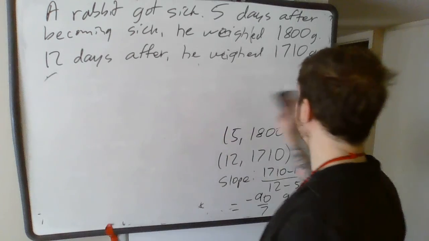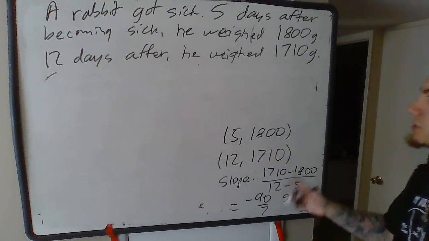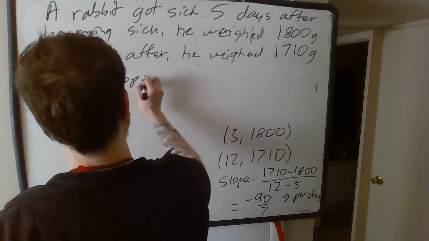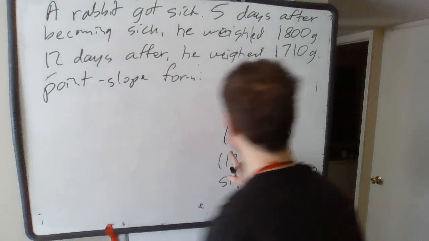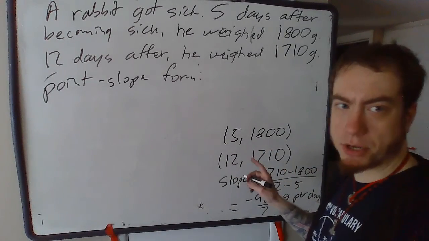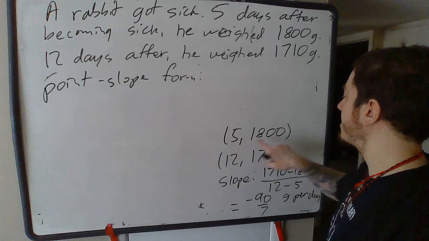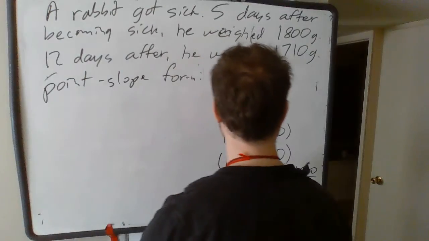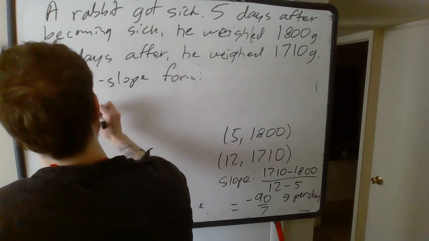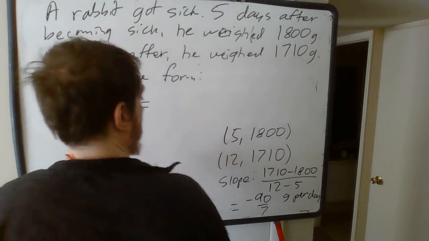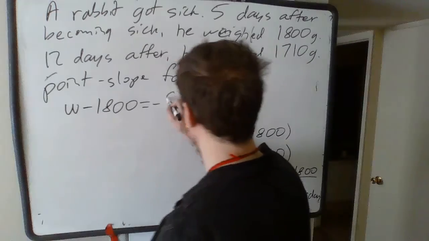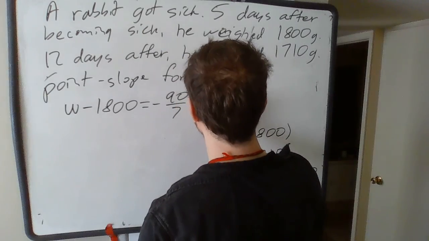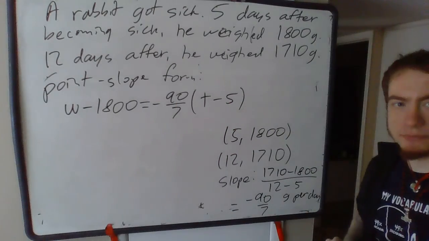So now what I can do is I can find an equation by just using point-slope form. I'm just going to take this point as my point for the point-slope form. So I'm going to say that W minus 1,800 is going to equal negative 90 over 7 times t minus 5.